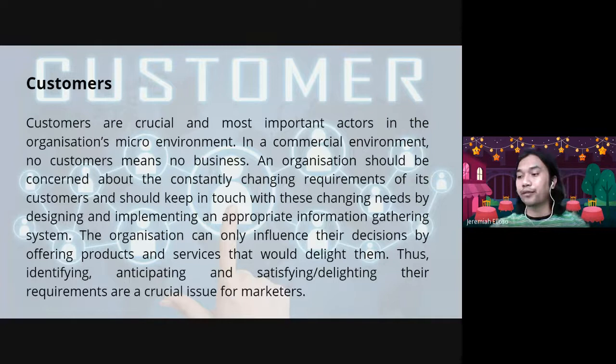They also have different needs, wants, and demands. They have different behaviors, but it all boils down to the concept that customer is a priority, customer is the king, customer is always right, or customer is the lifeblood of the business. Because without the customers, you're nothing.